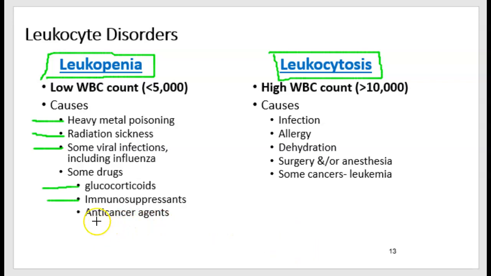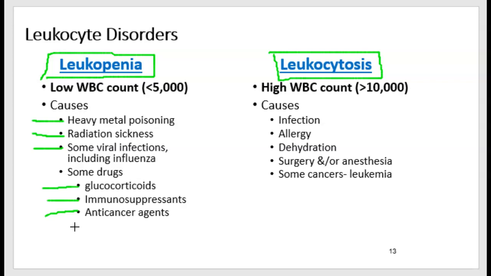And also anti-cancer agents, which decrease the amount of cell mitosis. In general, white blood cells form by a process similar to mitosis, so white blood cell numbers would be down.